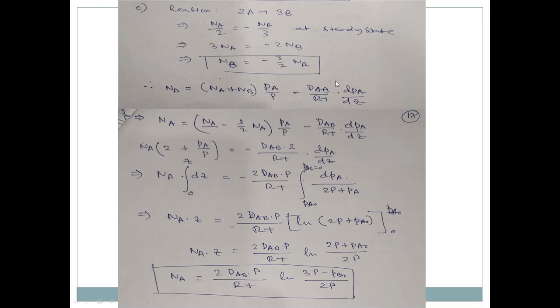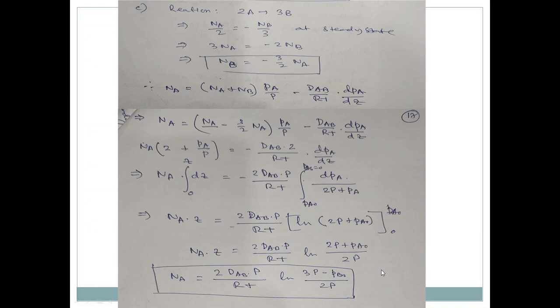This is my governing equation. So I put NB equal to minus 3 by 2 NA here, and if you take it this way, NA equals plus PA by P minus DAB by RT dP by dz. This is this one, okay. Now the negative sign will cancel out, and this is PA minus PA0 by 2P, okay.